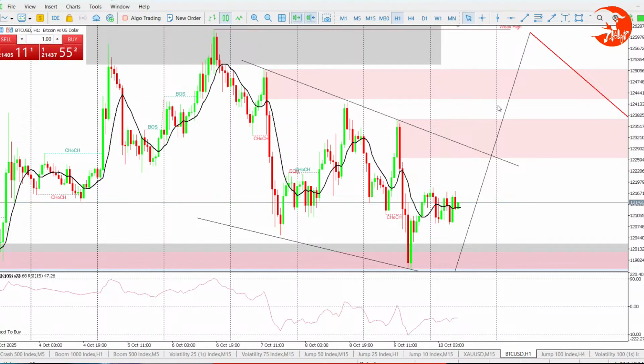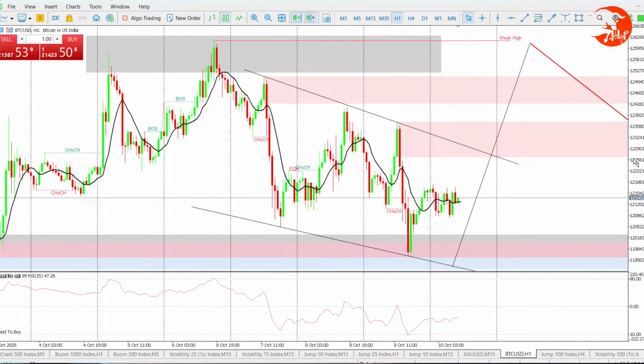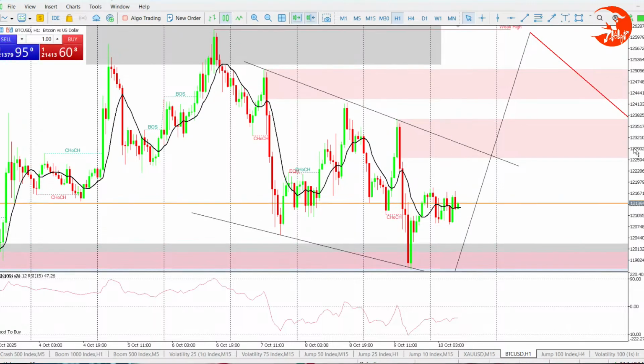The structure, price action, and chart pattern, this flag here says different. So we have to consider this.